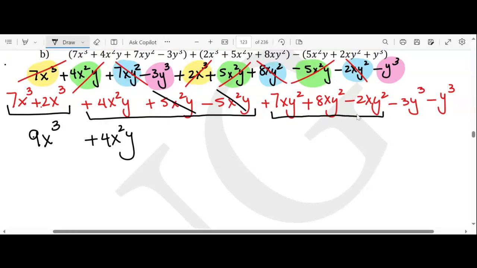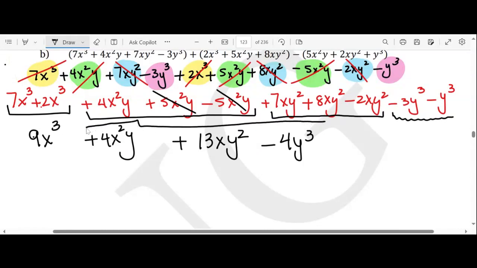This one together, right? 13. So that gives you 13, 6 and 7, 13, so 13xy squared. And we have minus, the last, 1 minus 4, minus 4y cubed. Easy as easy? Yep, that's the answer. That's a fine answer.